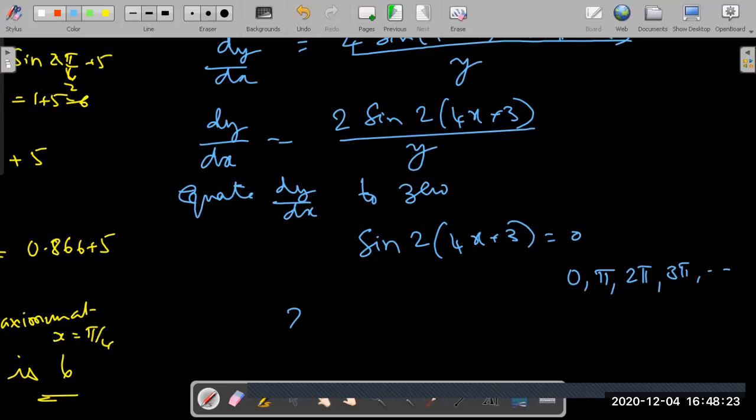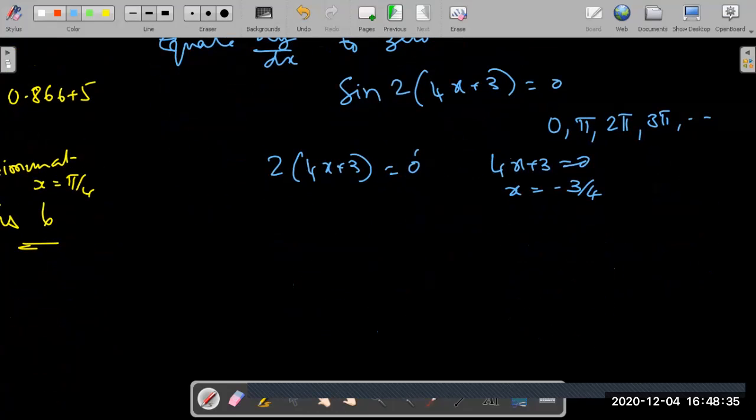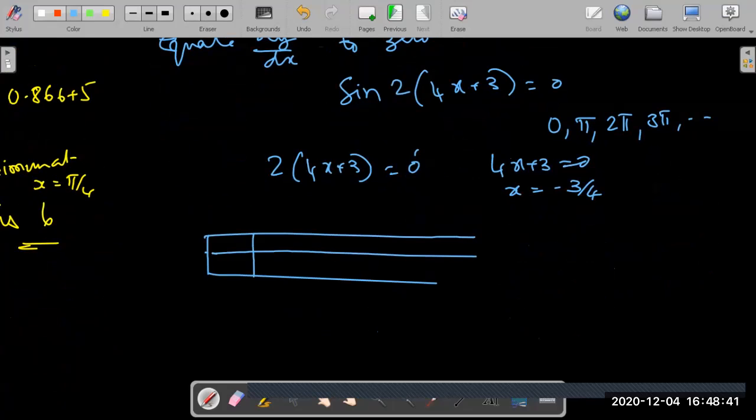That means 2 into 4x plus 3 equals 0, so 4x plus 3 equals 0, x equals minus 3 by 4. Now we have to try two values on either side of minus 3 by 4, so minus 3 by 4, and this side will have minus half.